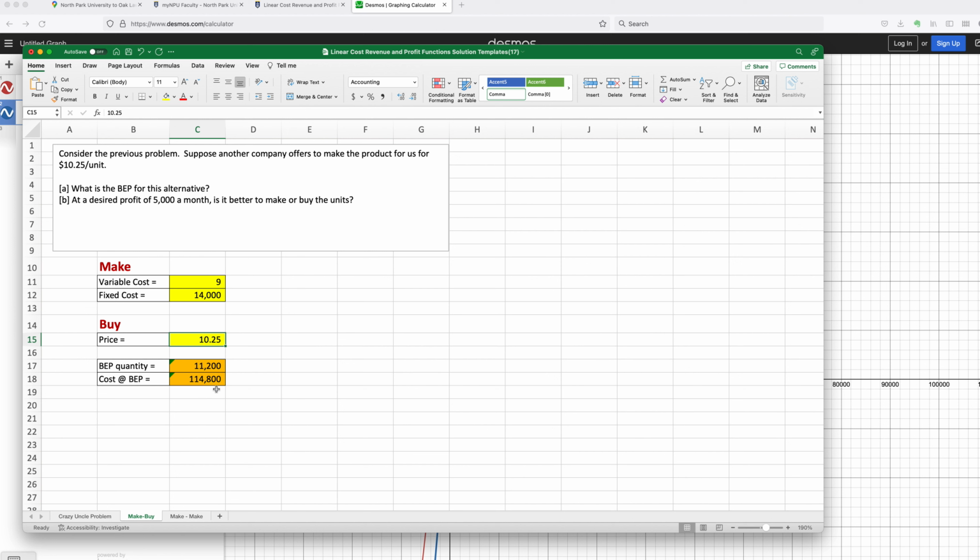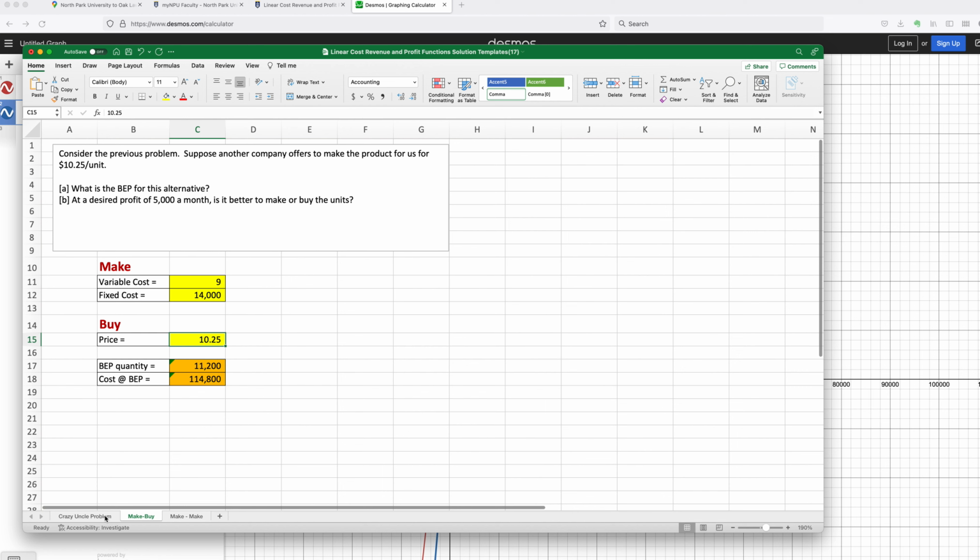So it tells me my break-even quantity is 11,200. If I make less than 11,200, it's more economical to buy the products for $10.25. If I make more than 11,200, it's more economical for me to make the product.